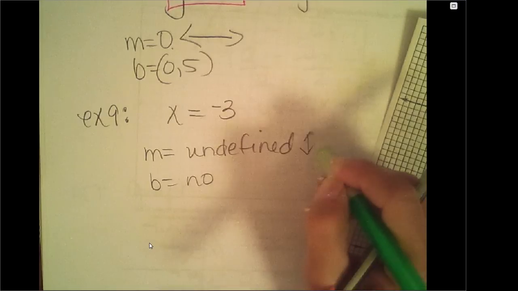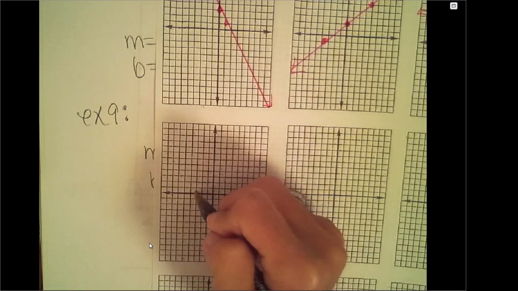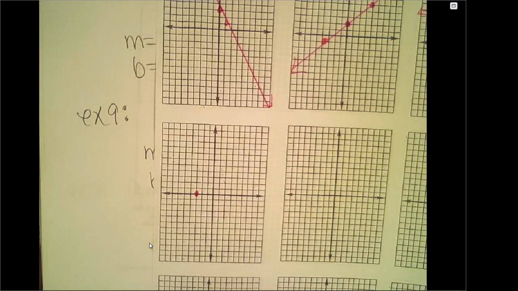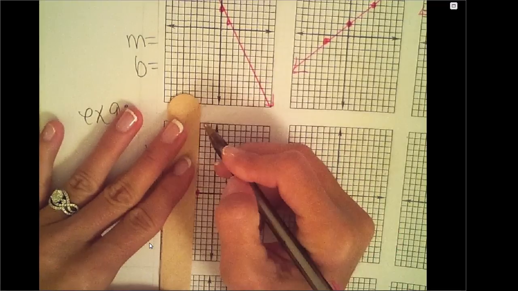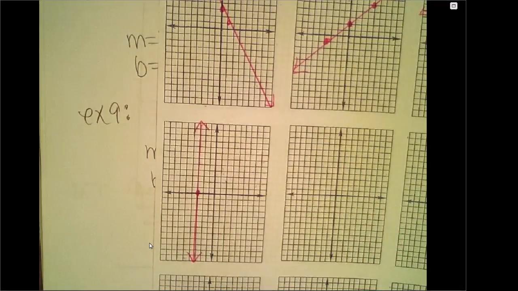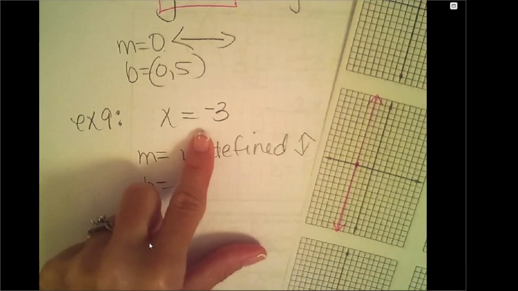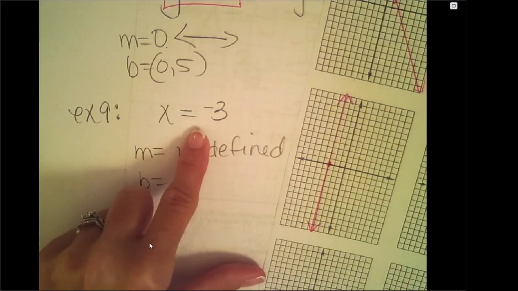We know it's going to look like this. -3 on the x-axis is this. Where do I have -3 for every x coordinate? Straight up and down. Another way to look at it, there is no y in this equation, therefore it does not go through the y-axis.